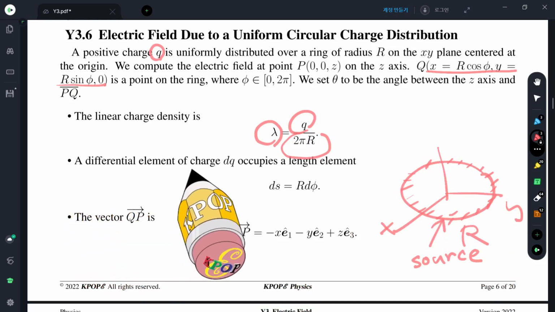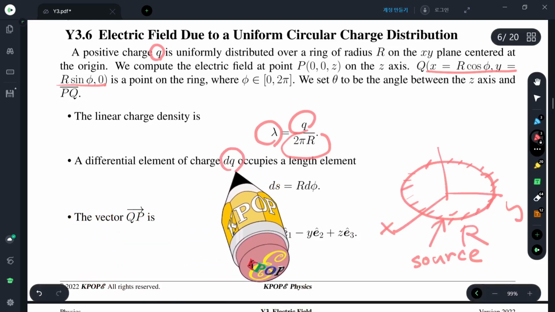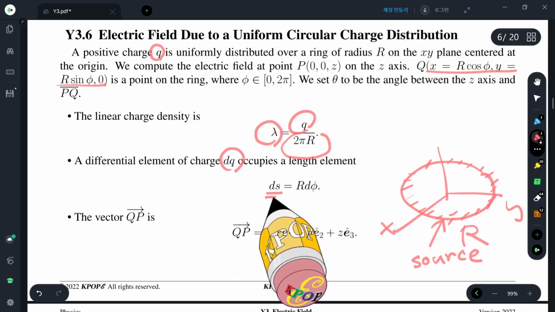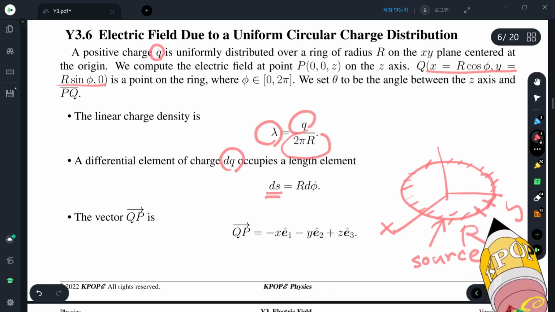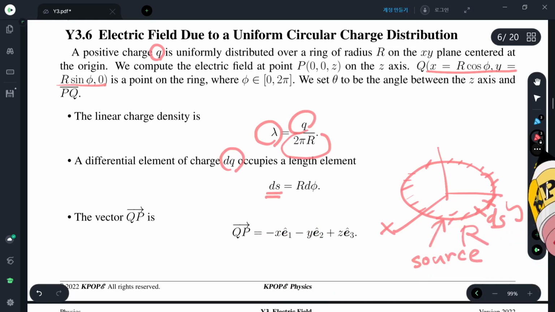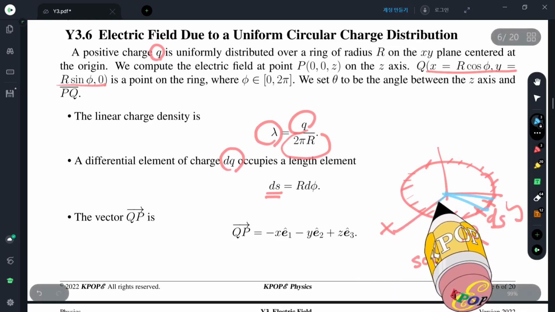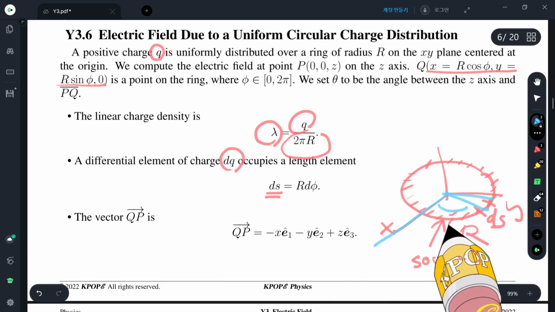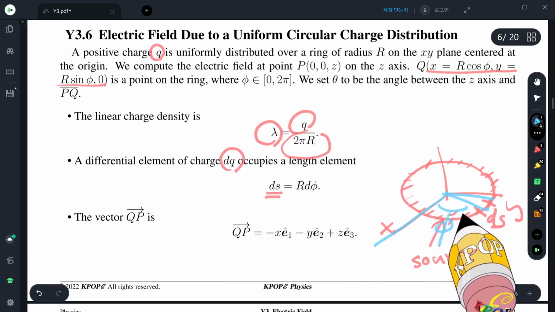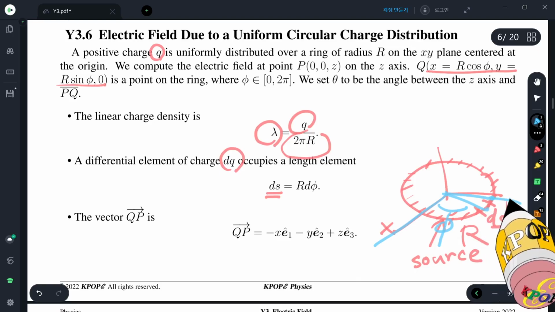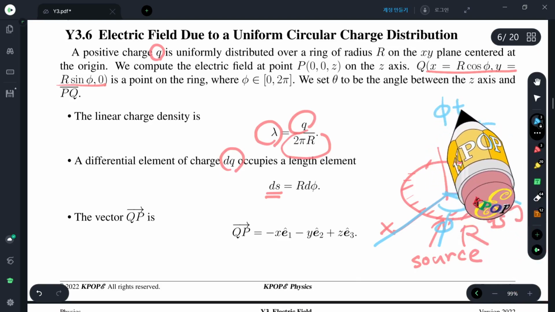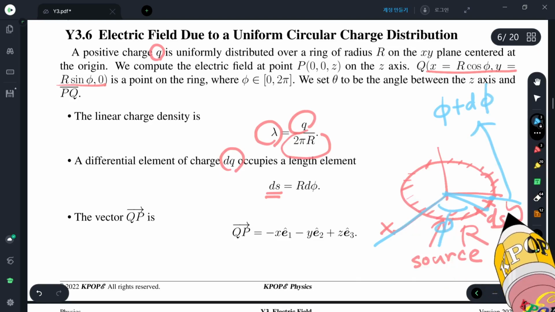A differential element of the charge dq: how much charge is in a small arc length, ds? If we introduce the azimuthal angle phi measured with respect to the x-axis, and another point has phi plus d phi, then the differential of the angle is d phi.